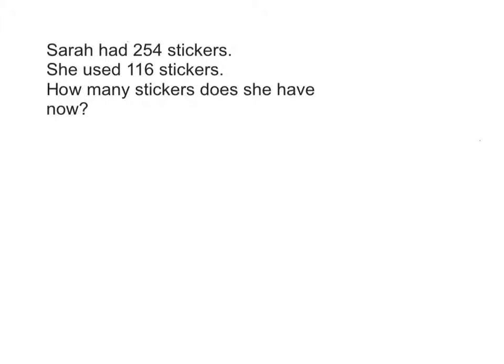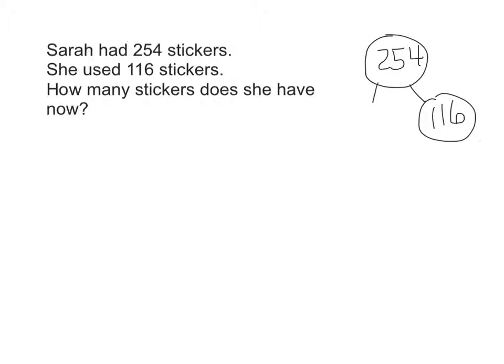Now, we know she started out with some stickers, which is the whole amount that she has. So we draw our number bond to represent this information. Now, some of those stickers are gone. So 116, that part is gone. Now, do we know the part that's left?